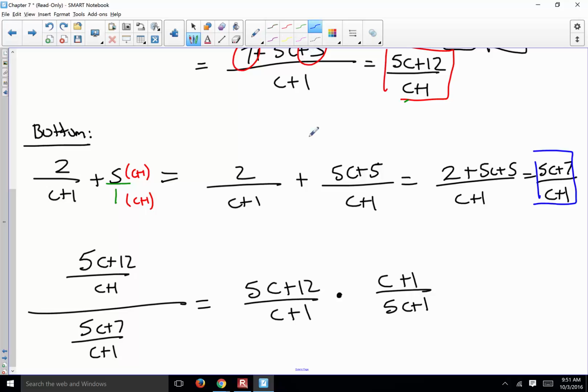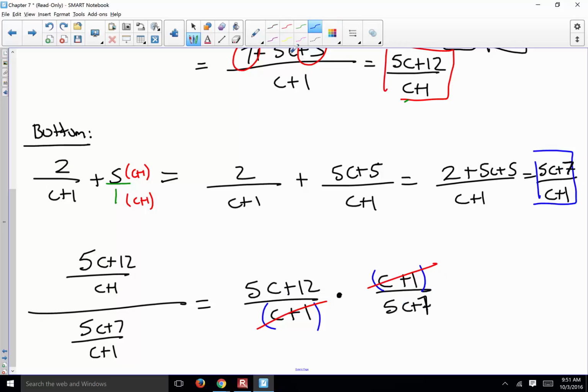Now what is matching here? Look at this. Aren't these matching? c plus 1, c plus 1. They cancel as a block. Question is, can I? No, this is 7, right? I miscopied this one. This is 7.